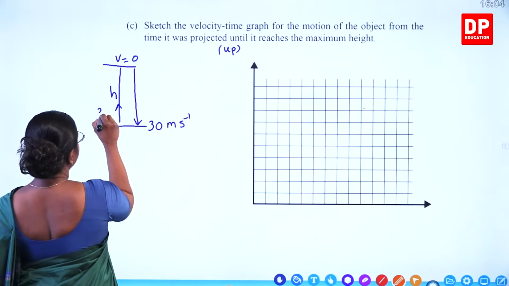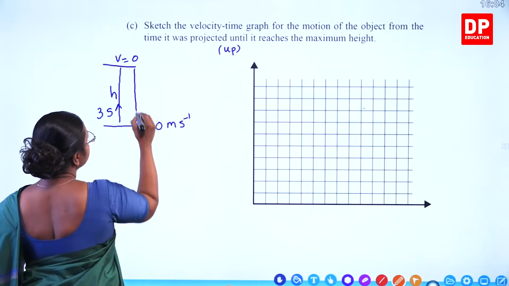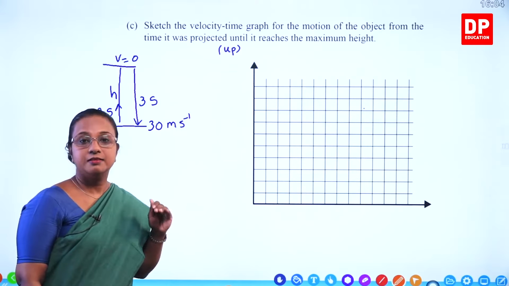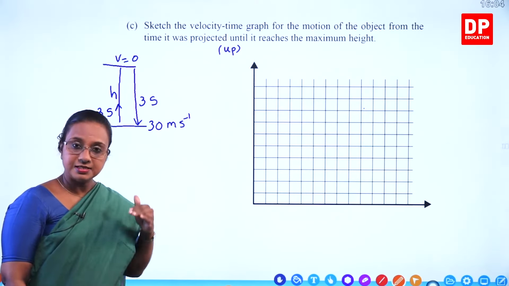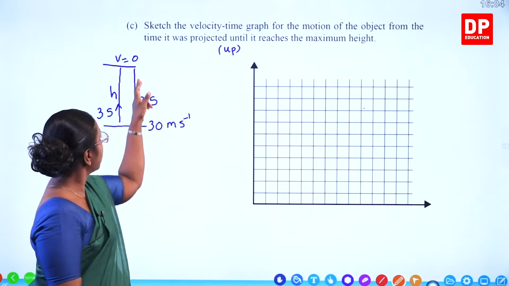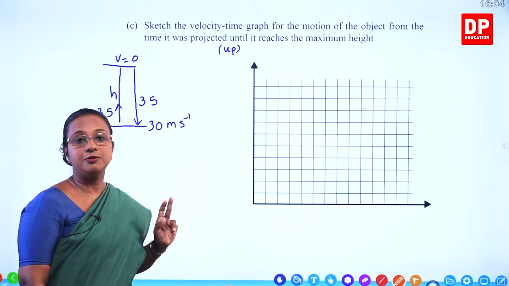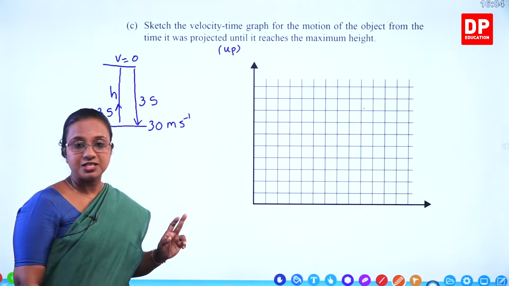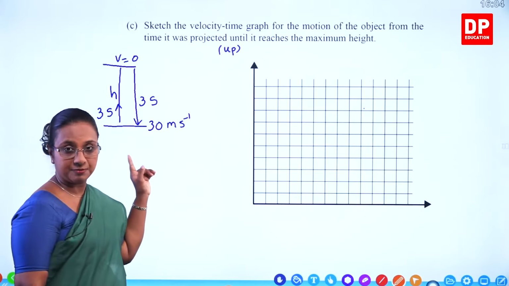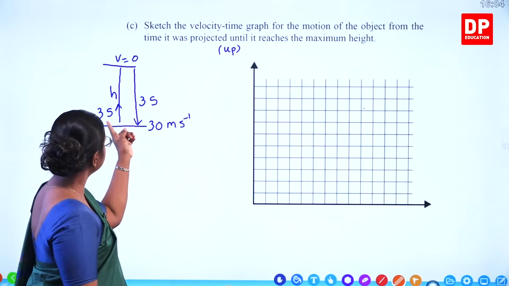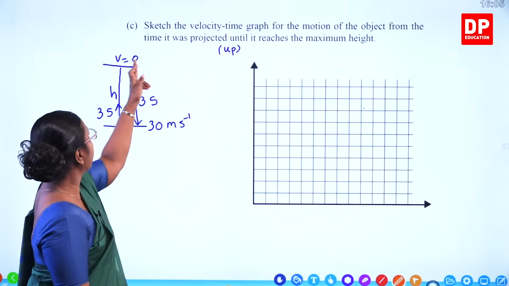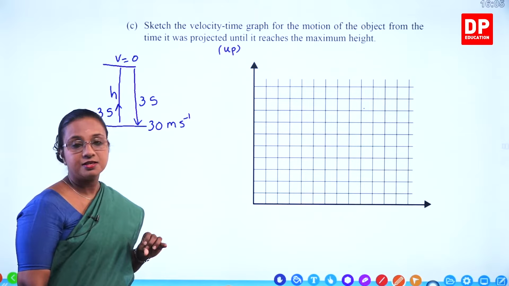Finally, for the object to come down, it will also take 3 seconds, because it is the same height, and the same magnitude of acceleration, the gravitational acceleration. So the time is going to be the same. The initial velocity and final velocity are the same in magnitude, and at the maximum height it is 0.